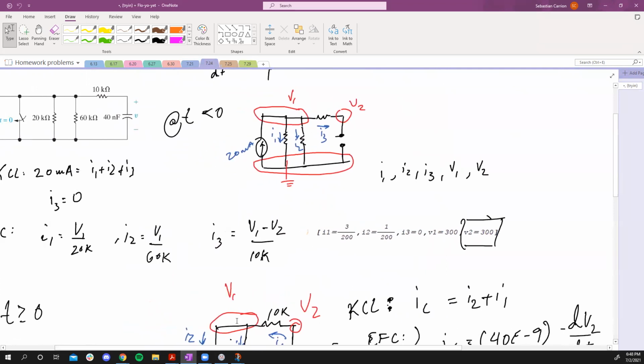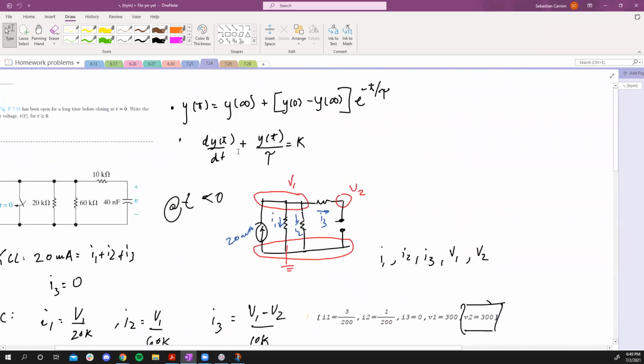We'd have something that would look different than this, with a negative dV over dt plus, it just wouldn't make sense.